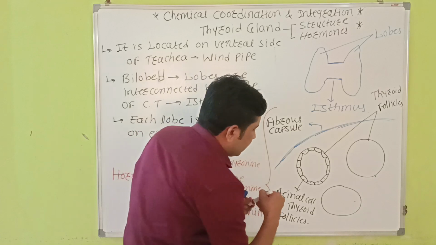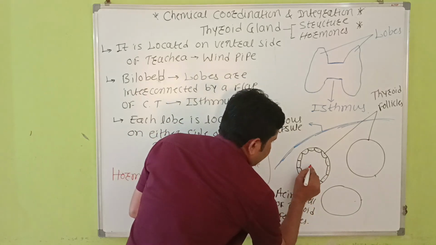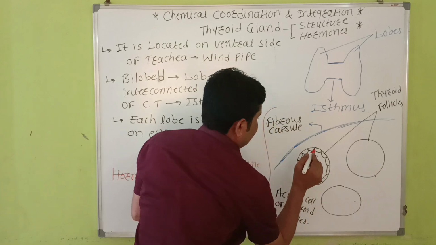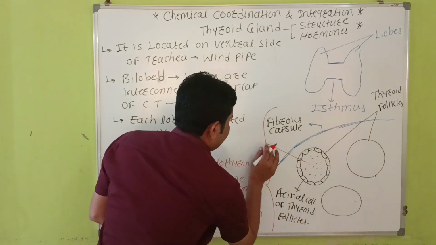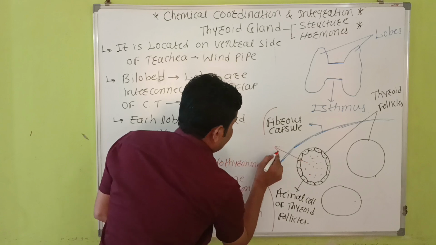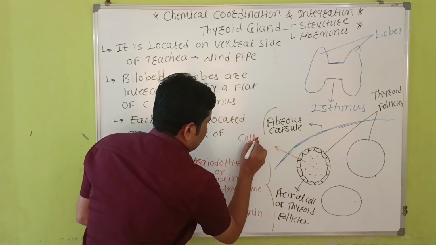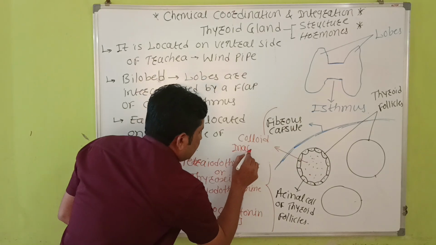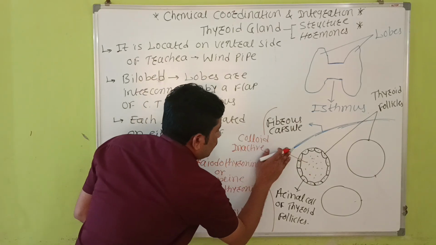Inside these follicles there is a cavity, and that cavity is filled with colloid. That is inactive thyroglobulin, and when needed, it is converted into the active thyroxine. So this is the acinal cell and this is the cavity, and the cavity is filled with colloid, which contains inactive thyroglobulin.